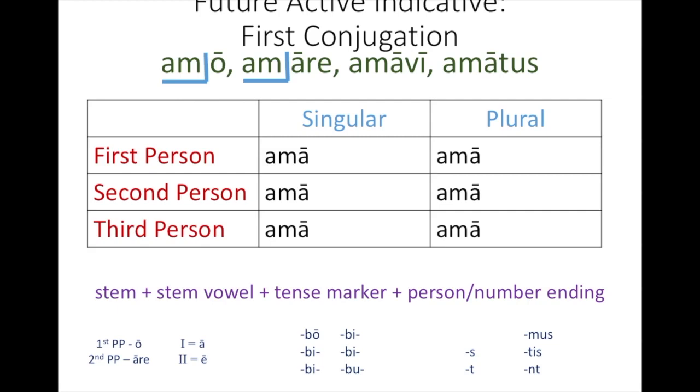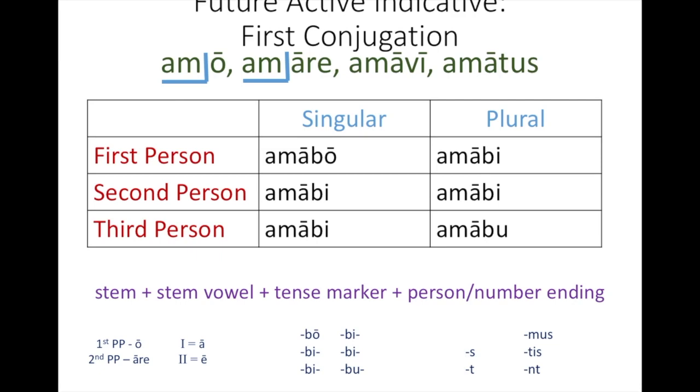The first person singular uses BO. Notice that the O is already there and is what you recognize as a first person singular ending from the present tense, so we won't add a person and number ending to that. Second person singular uses BI. Third person singular uses BI. BI is also for first person plural, and the BI continues into the second person plural.